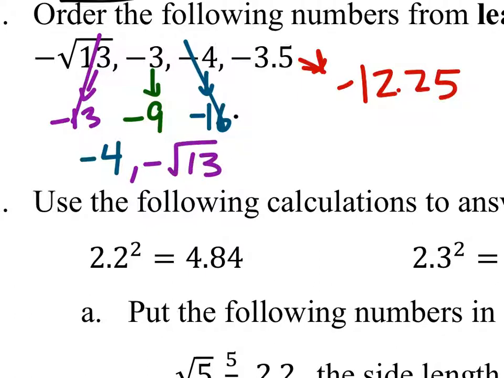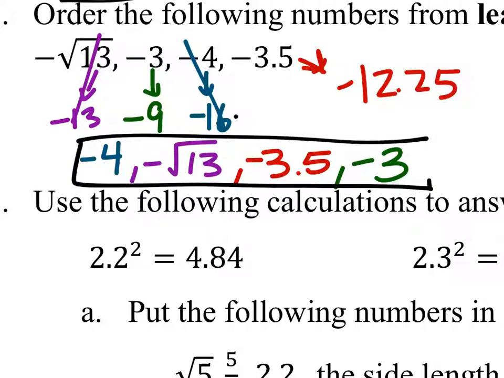Then the next biggest negative would be negative 12.25, which came from the negative 3.5. The negative 9 came from the negative 3. That's our biggest, or our least negative number. So this would be the list in order from least to greatest.